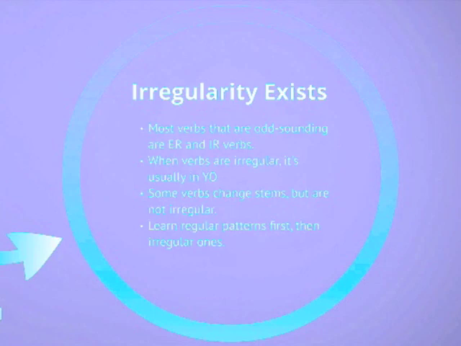When a verb is odd or irregular, and none of the ones we've just studied are, the irregularity usually makes itself known in yo. So you'll have a verb like tener, which means to have, and the yo form is tengo, with a weird g sound in yo. So look for irregularity in yo. Very often, though not always, after the yo irregularity, the verb becomes regular.